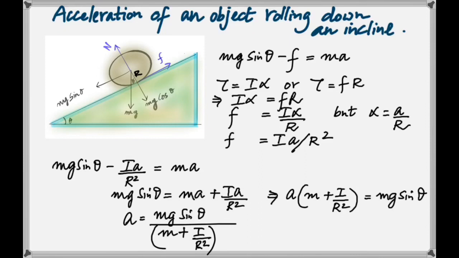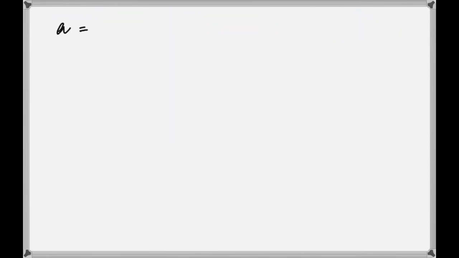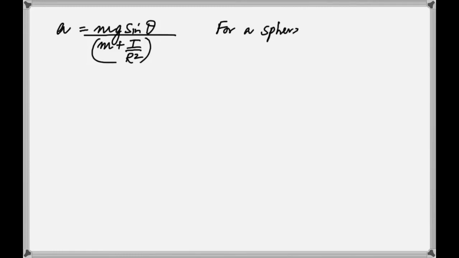Now if it is a sphere, we need to substitute the value of rotational inertia of a sphere. As I'm going to show you here, that is the general formula. Imagine that it's a solid sphere. We know that for a solid sphere, rotational inertia I is 2 by 5 mr squared.